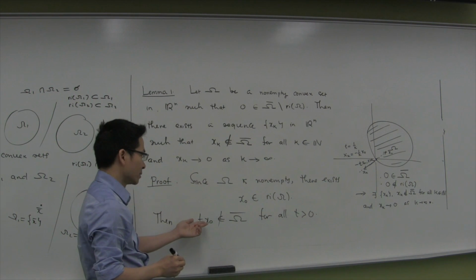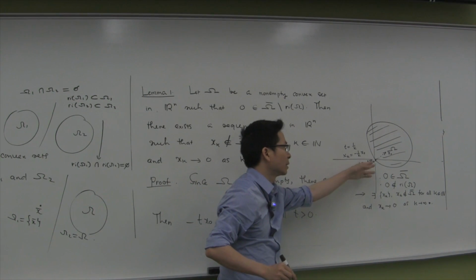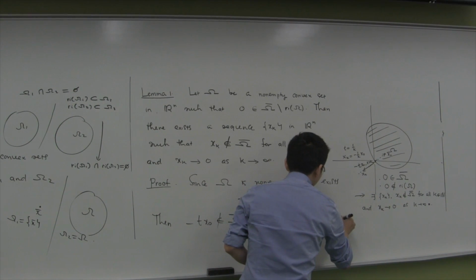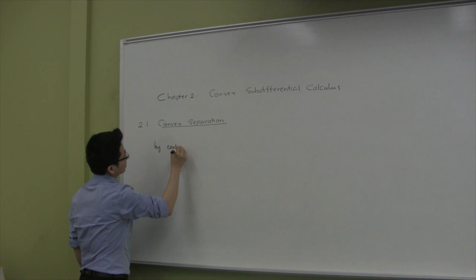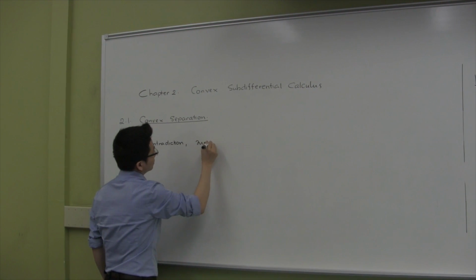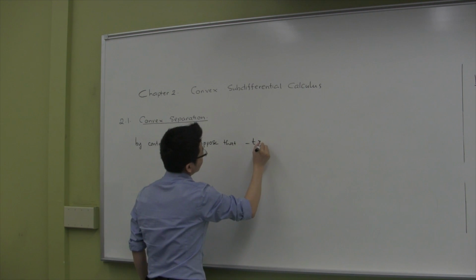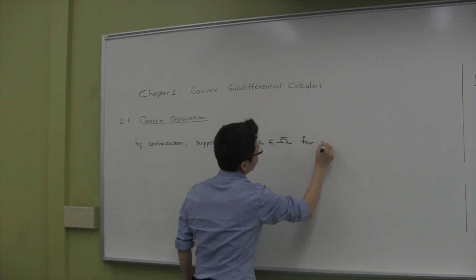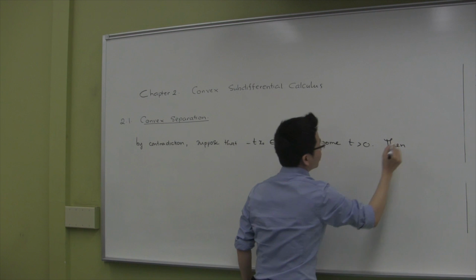Let me go ahead and prove this claim, although it is apparently clear from the figure. So by contradiction, suppose that minus t x0 belongs to the closure of omega for some t greater than 0. Then we have the following representation.